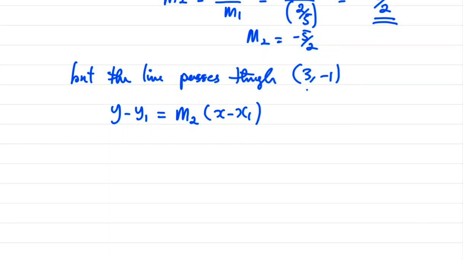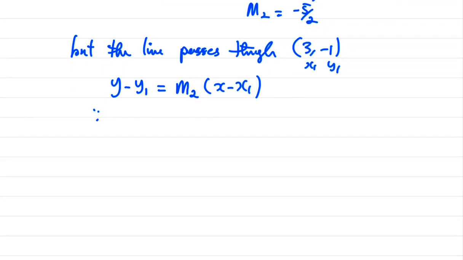Now listen, this is our x1, y1, and of course we have our m2. So therefore, we are now going to substitute. So this is going to be y minus negative 1. You close the bracket. Very important. Then I have minus 5 over 2 into x minus 3.